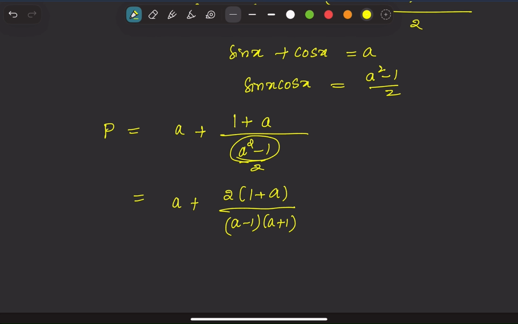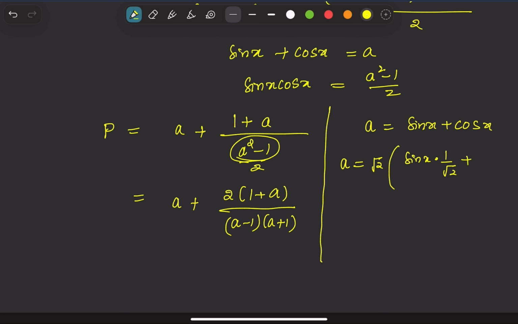Alright. So now let us see what a is. So a is sin x plus cos x. So this can be written as, let us multiply it with root 2 and divide it with root 2, the entire expression. All right.